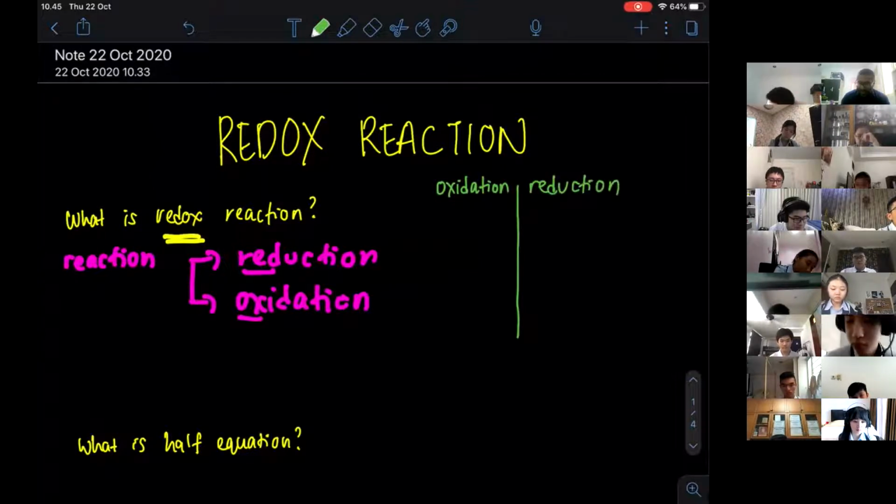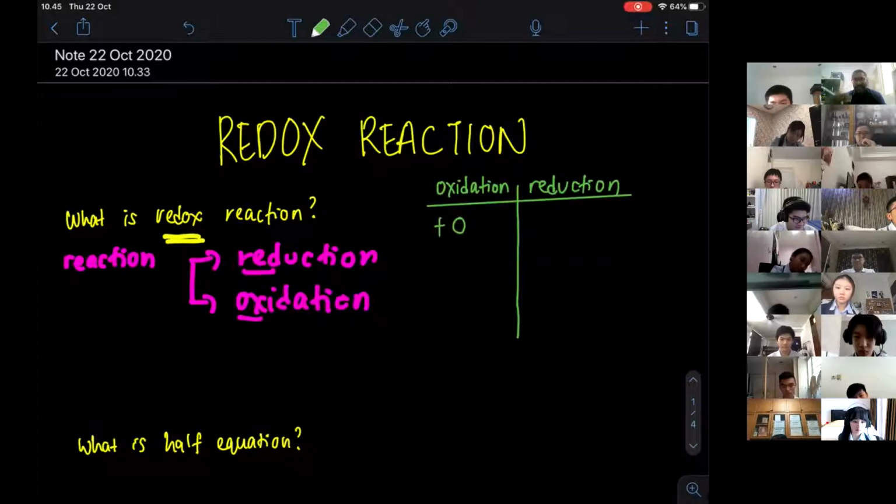So oxidation, we can define them. When you get oxygen, there is an additional oxygen suddenly appearing, that is called oxidation. If the oxygen is being lost, that is called reduction.